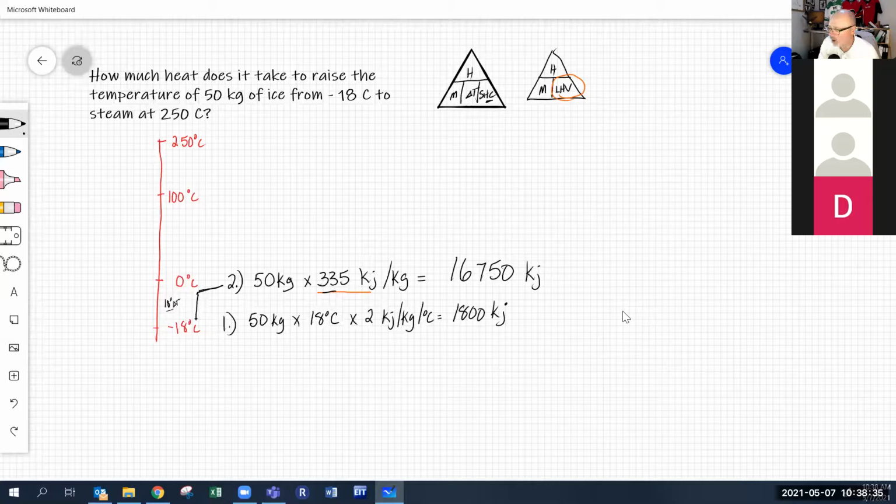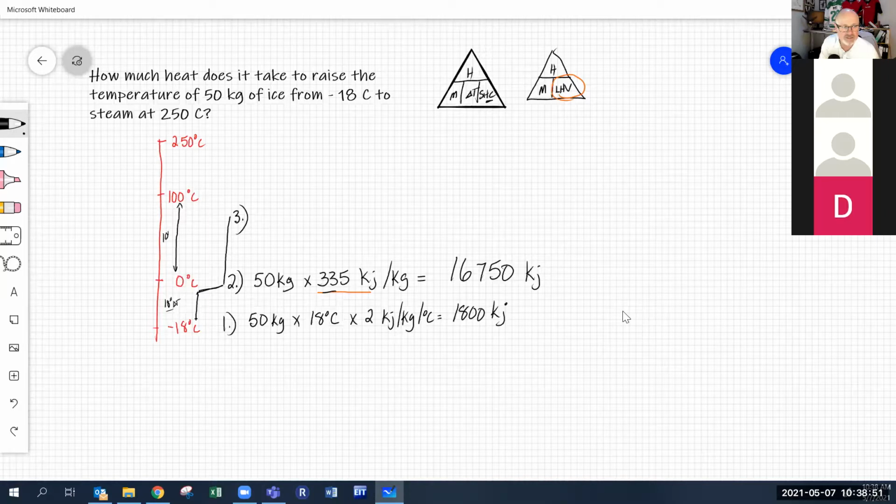Now that I have water at 0 degrees, I have to raise the temperature of that water. And I'm going to call this number 3 because we're just raising the temperature. This is a sensible heat equation.